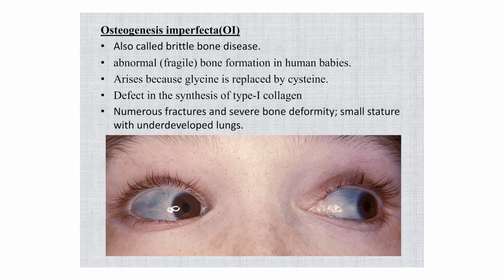So, in this case glycine is replaced by cysteine, and the defect is in the synthesis of type 1 collagen. So, numerous fractures and severe bone deformity, small stature with underdeveloped lungs we can see here.